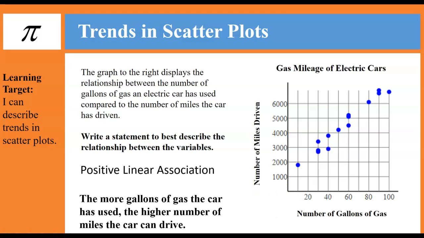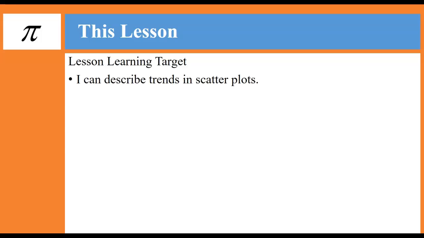That's what that positive linear association is going to mean. And again, we're just trying to rewrite it into a typical English sentence using words from the axes. So hopefully you have a good sense of how we can now describe trends using an English sentence that we see coming from the scatter plot.